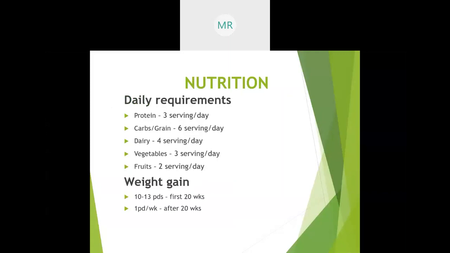So inadequate maternal dietary intake could result in fetal deprivation with premature birth of a stillborn, or congenital birth anomalies. Pregnant women do need an additional 300 calories a day. So we will go through the daily nutrition requirements for a pregnant woman.